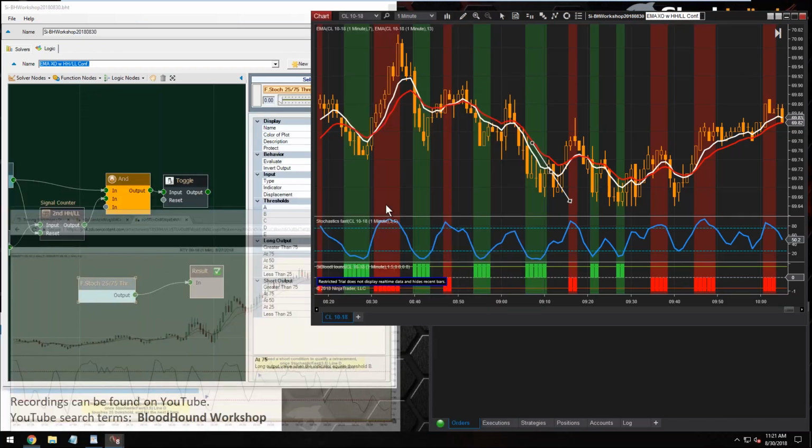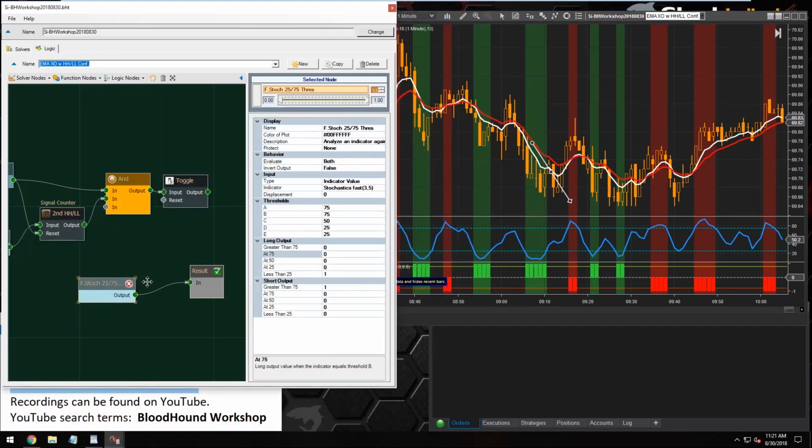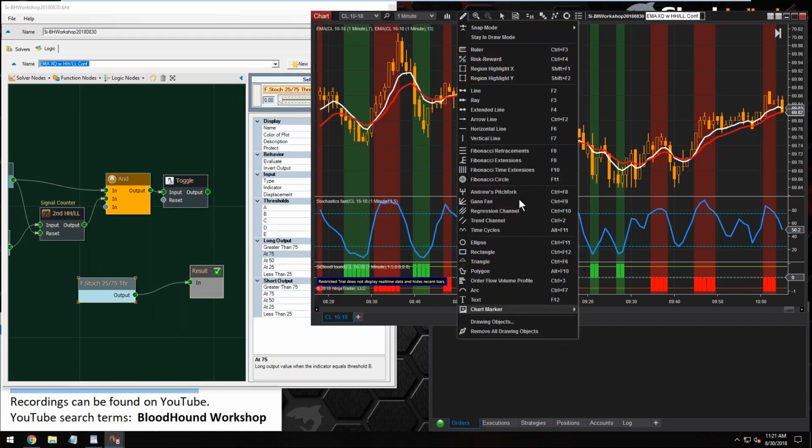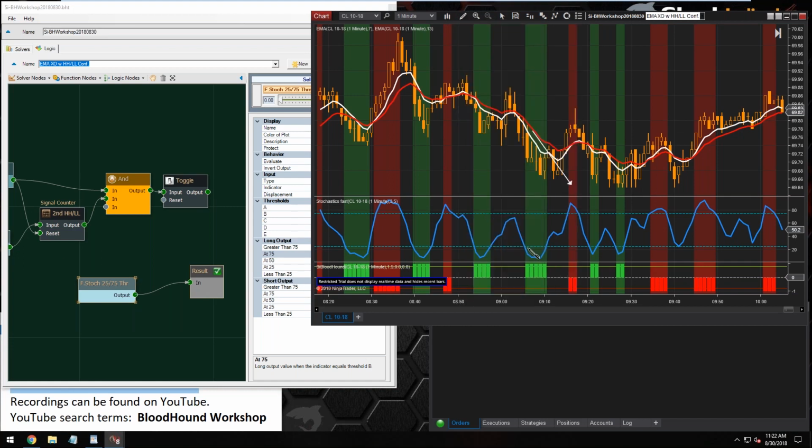So actually, we're going to do this a little differently here, because according to the screenshot, we're counting 5 bars from the first time the stochastic crosses the 25 level. 5 bars from there.